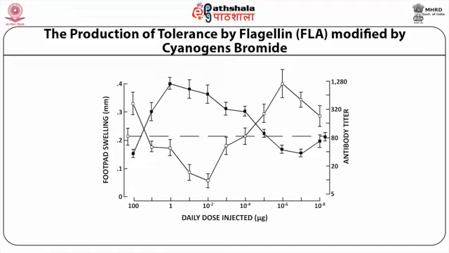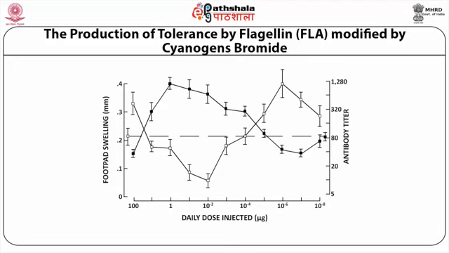Parish in fact carried out quite extensive studies with flagellin and its chemically modified derivatives. This particular slide, for example, presents some data which emerged out of these studies. This slide shows the production of tolerance by flagellin modified by cyanogen bromide.